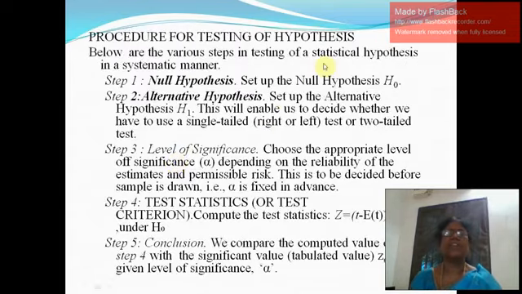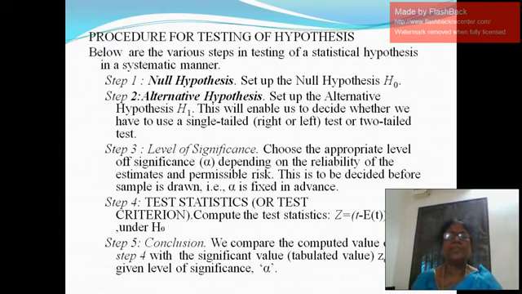Procedure for testing of hypothesis. So we have 5 steps for testing of hypothesis. The first step is, first of all, you have to set up the null hypothesis, that is H0. Null hypothesis means we will be setting up one value as the assumed value and the calculated value, and we will be fixing that value as H0.